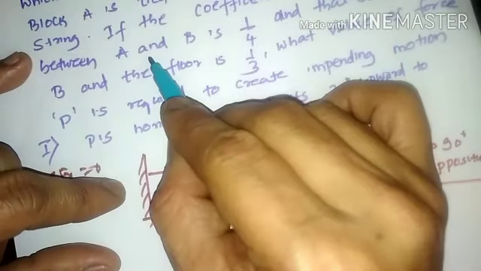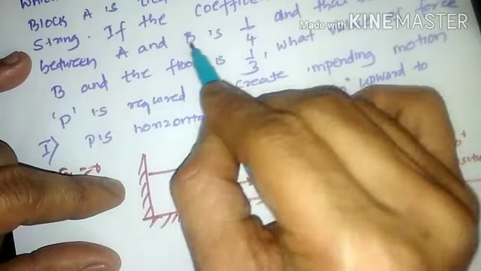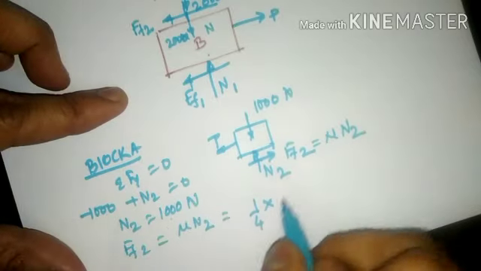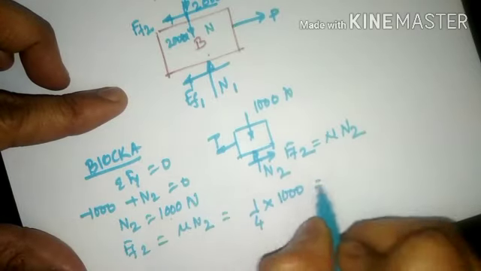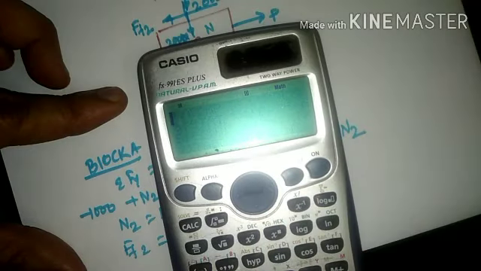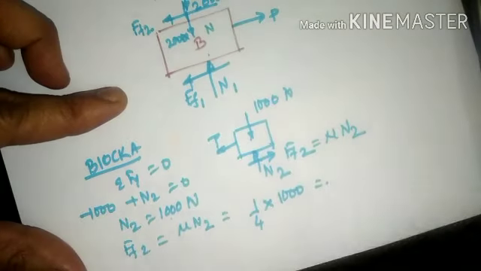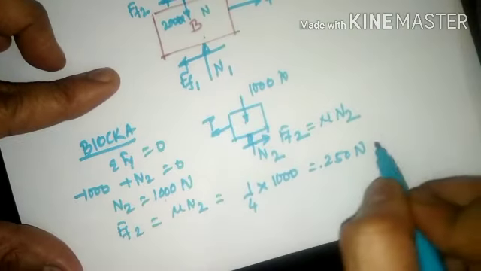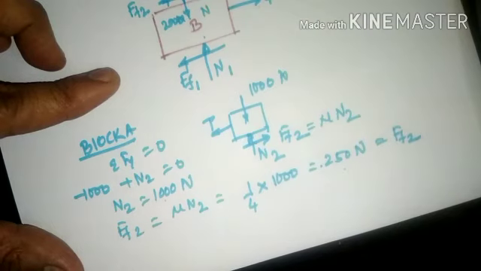Mu here is the coefficient of friction between block A and B, which is 1 by 4. So mu is 1 by 4 times the N2 value of 1000, 1000 divided by 4, which will come out to 250 Newton. So F of F2 will be equal to 250 Newton.